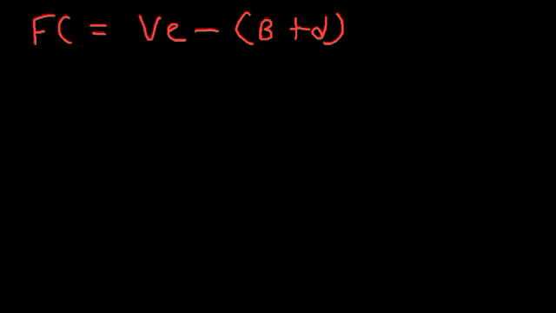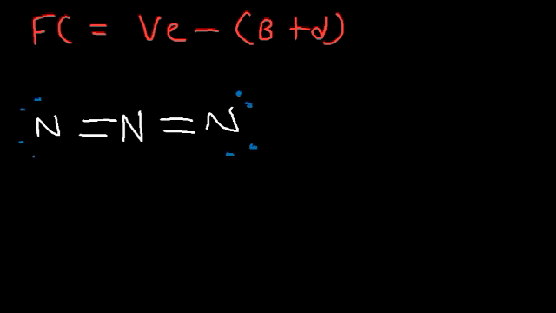So now let's spend some time talking about formal charge. The formal charge is equal to the number of valence electrons minus the bonds and dots that are in the element. That's a simplified way to get the answer. So consider the azide ion, which looks like this. Let's calculate the formal charge of each nitrogen atom in this polyatomic ion.